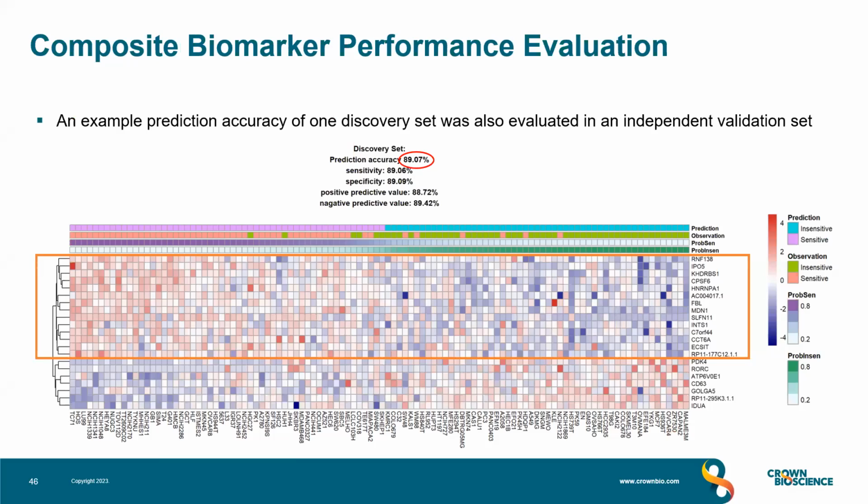But it must be taken into consideration that a single biomarker strategy is not always the best or achievable in many cases, and therefore may not reflect the complexities of many of these diseases within cancer. So here the highest prediction or accuracy was modeled for irinotecan around a 21 gene set, which is shown in the box here.